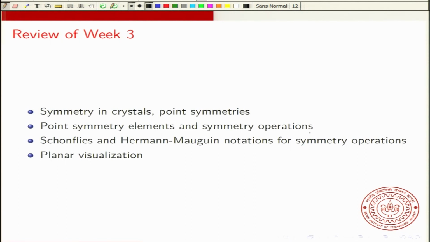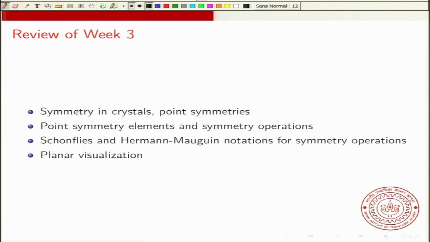We talked about two kinds of notations, the Schoenflies and the Hermann-Mauguin notations for symmetry operations. And then at the end, we came back to fractional coordinates and talked about planar visualization of crystals.